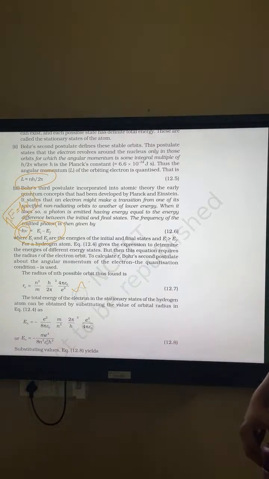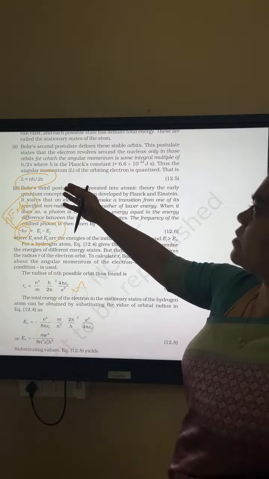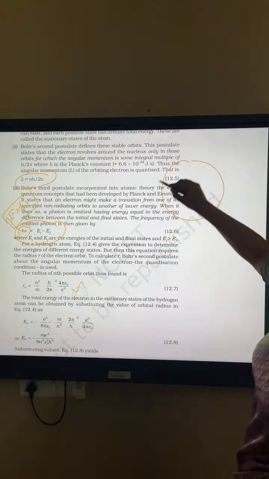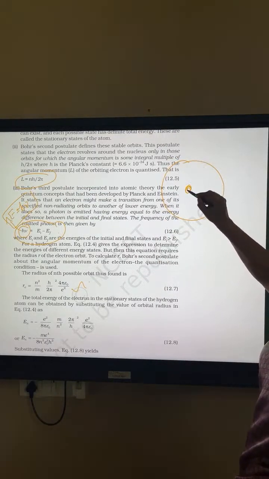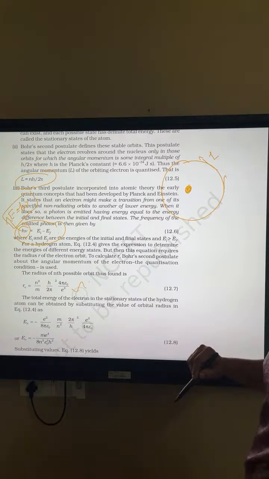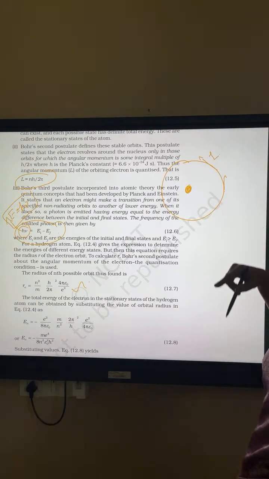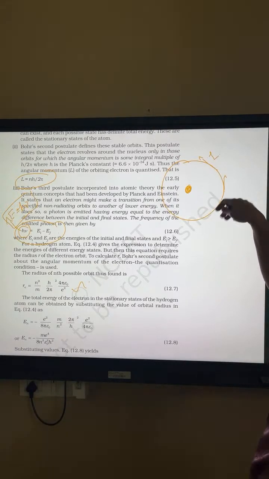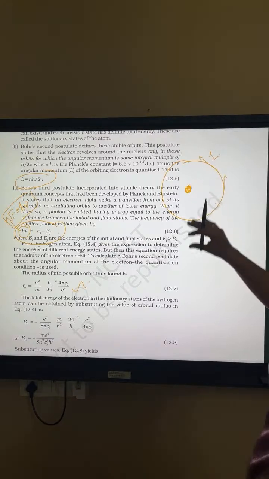From the initial one, you find the radius of the electron orbit, right? nh by 2 pi. The electron is orbiting around the nucleus, so it may experience angular velocity. It covers the angular distance, and the angle will be 2 pi.